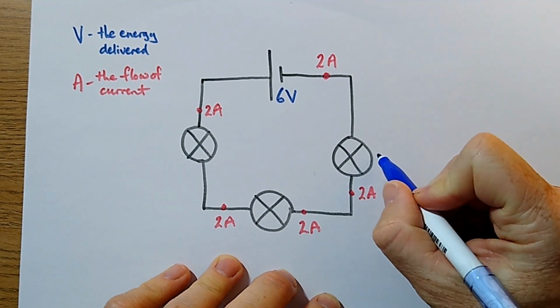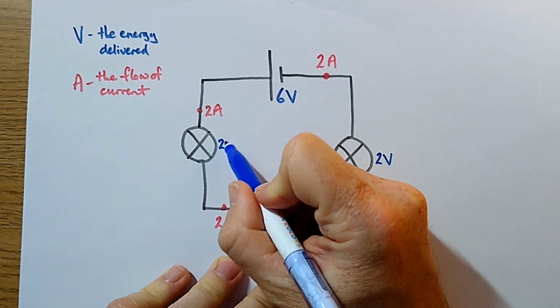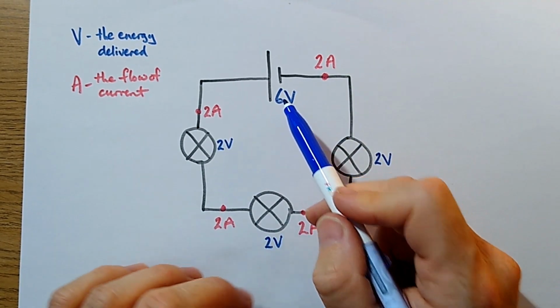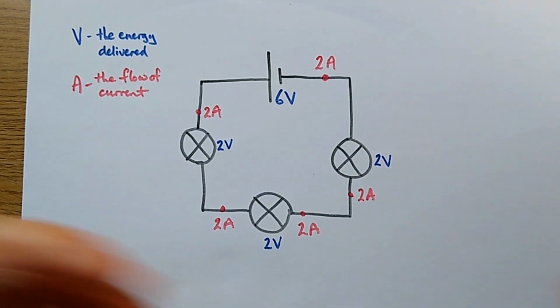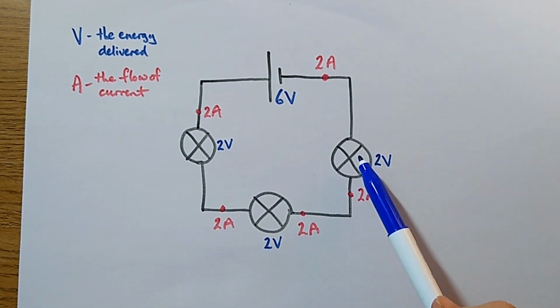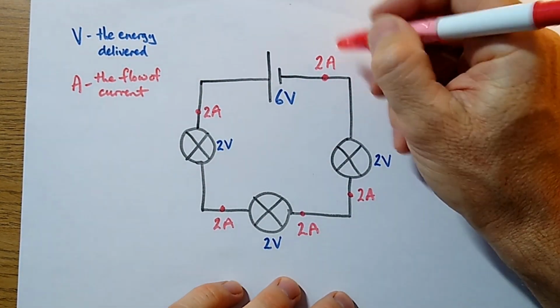Each of those is going to get 2 volts. They each get 2 volts. Okay, so the 6 volts that goes into the electron is then handed out, shared out evenly between each of these 3 bulbs.